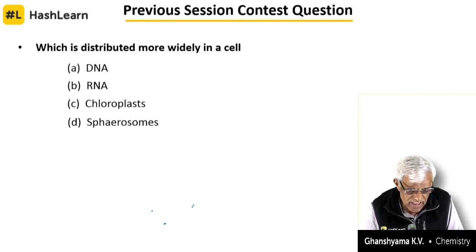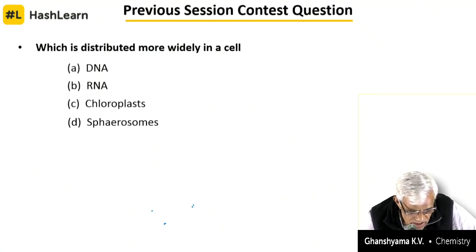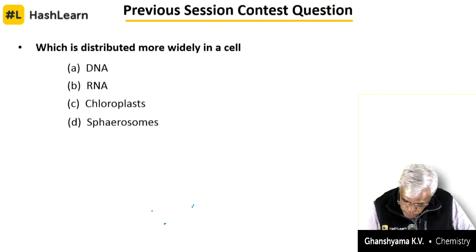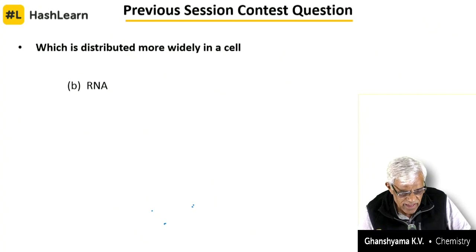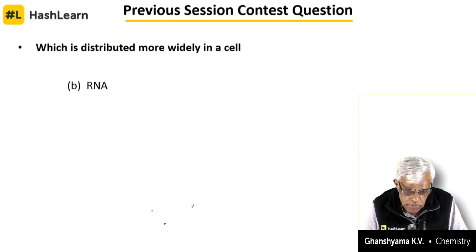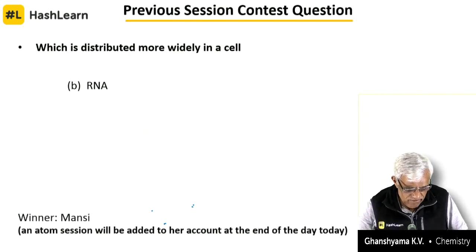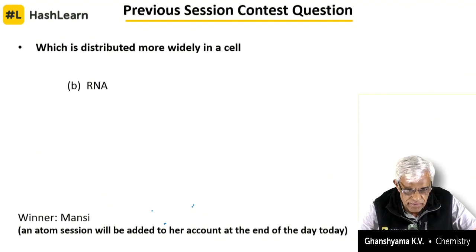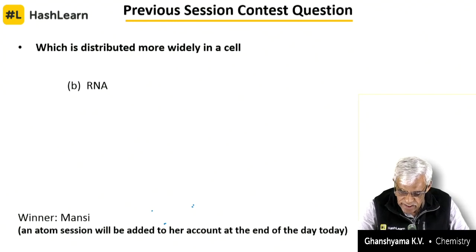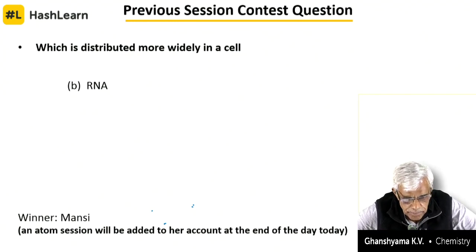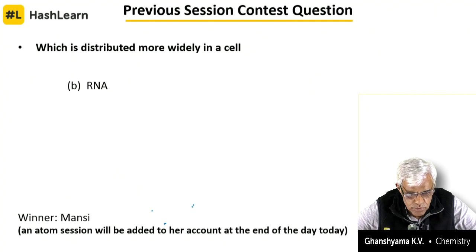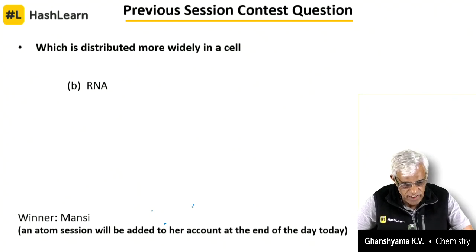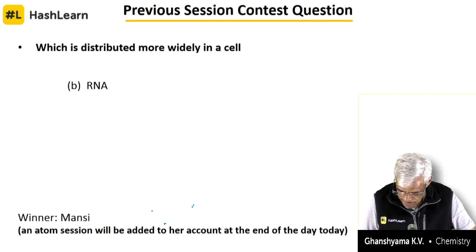DNA, RNA, chloroplasts and spherosomes. Spherosomes. Okay. The answer is B. Winner is Monsi. An atom session will be added to her account at the end of the day today. Yes. 3. Okay, fine. So, I will continue in the next class.